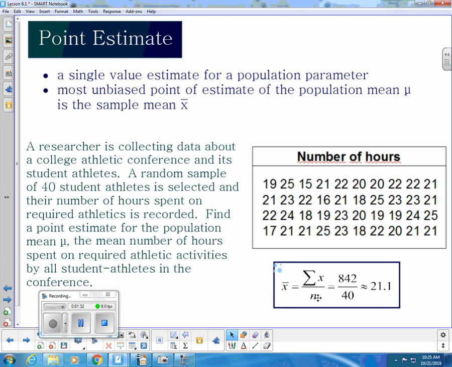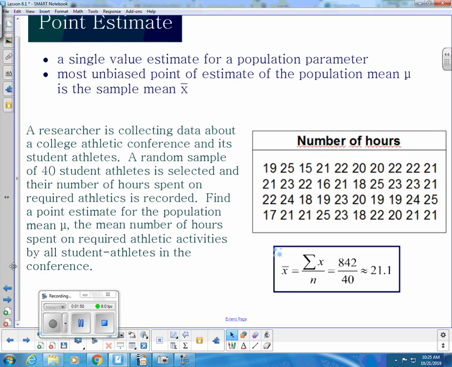So when they say point estimate, they're going to ask you to find the point estimate of the population mean. So you're going to find the sample mean. That's it. You're going to add them all up and divide by 40. I know you know how to find the mean, so I'm not going to have you get your calculators out for that. That's what the point estimate is.